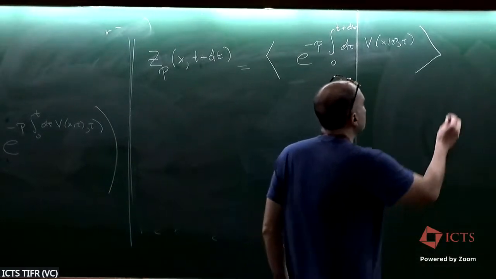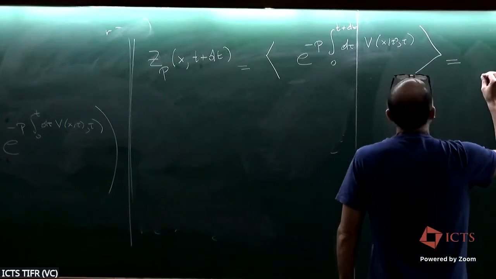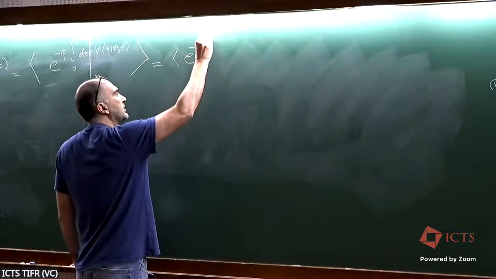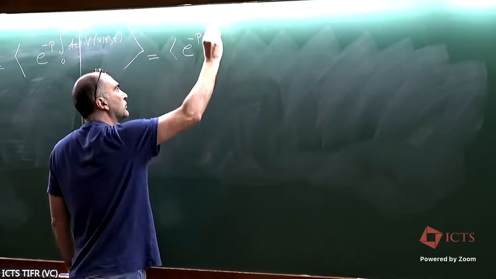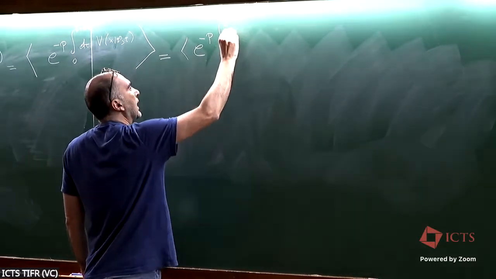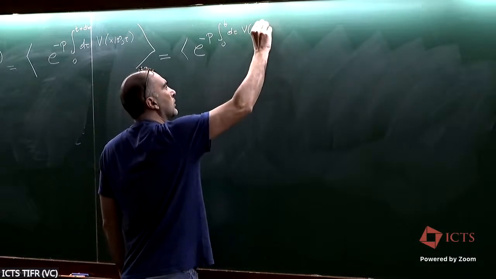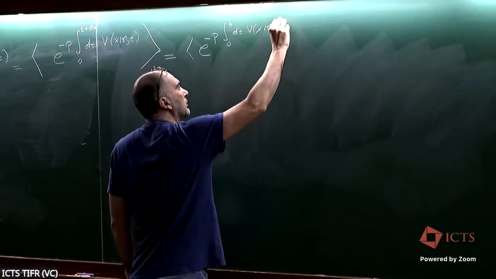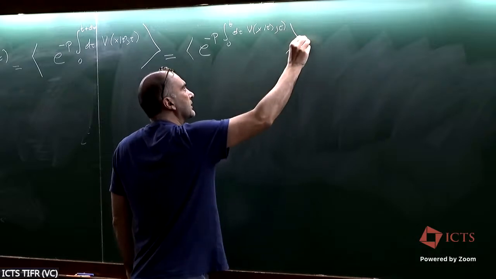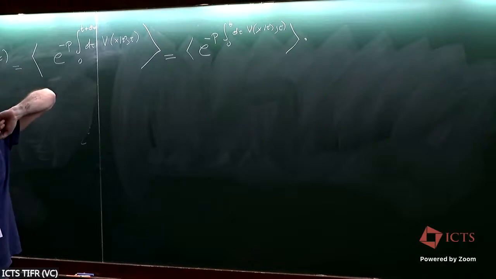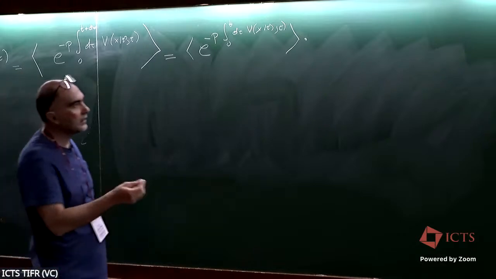And so this can be written as two parts. I have the exponential minus p integral from 0 to t d tau V(x(tau)), times the last piece, which is between t and t plus dt, okay?